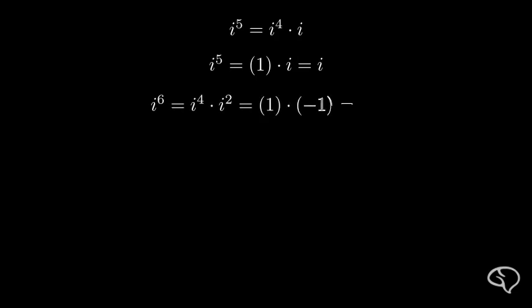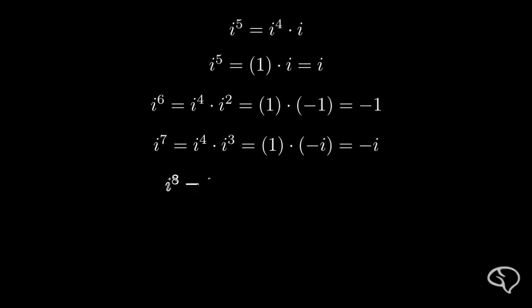What about i to the 6th? i to the 6th is i to the 4th times i squared. That's 1 times -1, which is -1. This is the same as i squared. And i to the 7th is i to the 4th times i cubed. That's 1 times -i, which is -i. This is the same as i cubed.